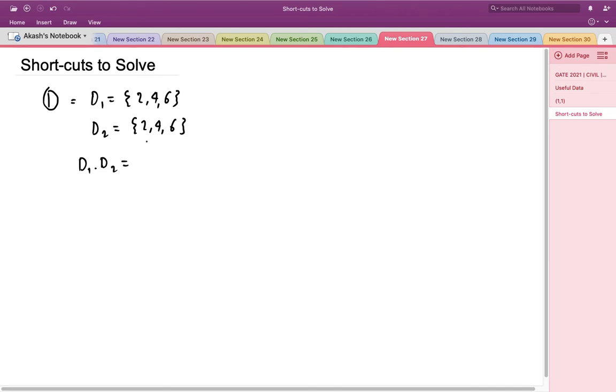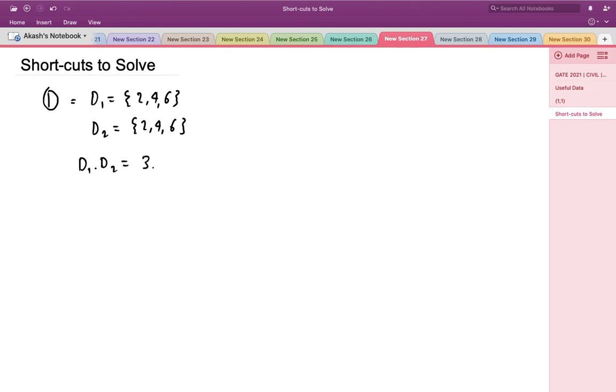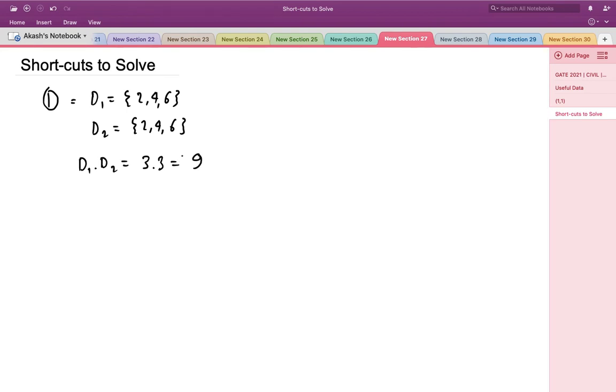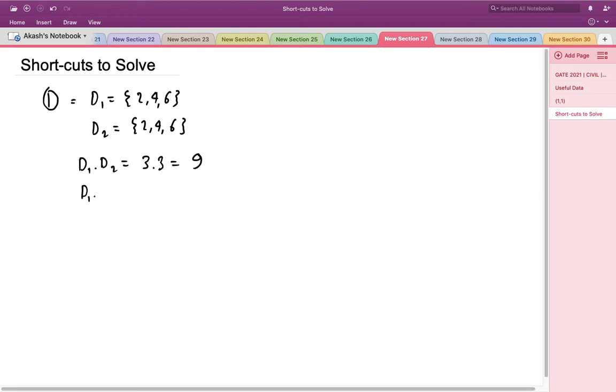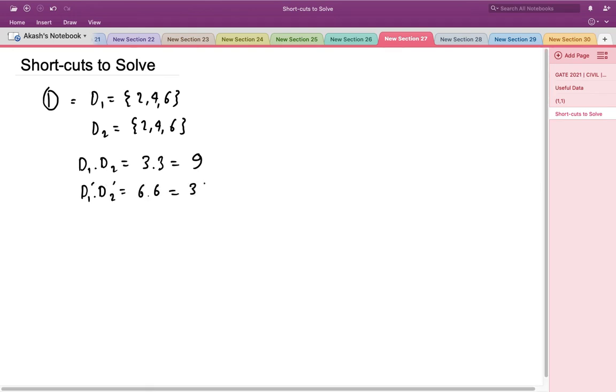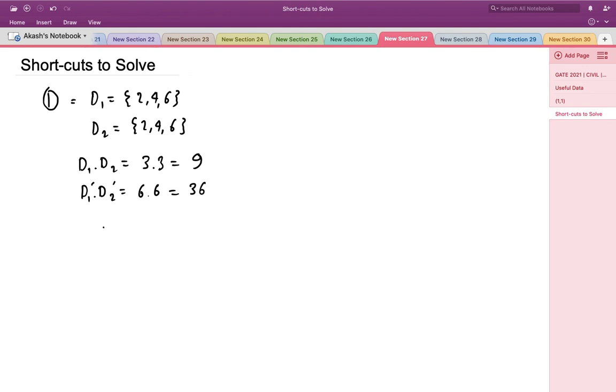When they are rolled together, we would have 3 times 3, that is 9 different ways in which an even number could show up. Also, the total number of arrangements in both the dice with their original sample space would be given by 6 times 6, that is equal to 36. So the probability that an even number shows in both the dice would be given by 9 over 36, which is also equal to 1 by 4.